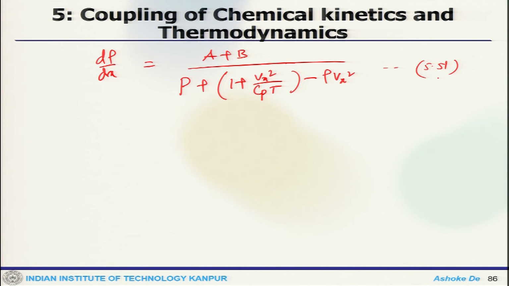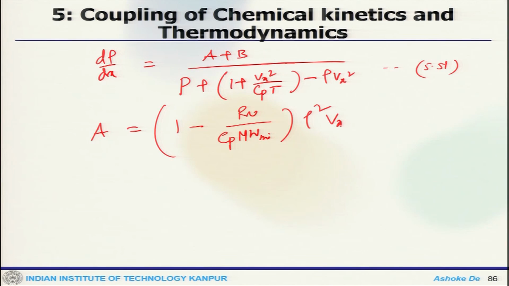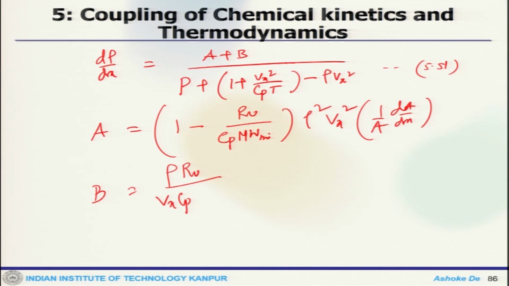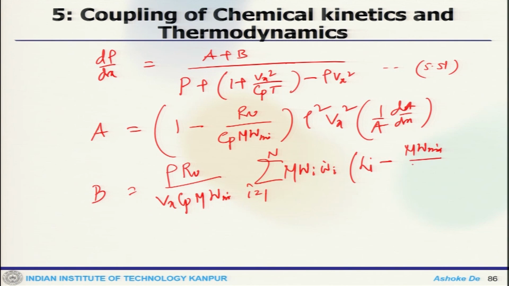So, this is what you get, where A equals 1 minus Ru over Cp molecular weight of mixture, times rho square Vx square, times 1 by A dA by dx, and B equals rho Ru Vx over Cp MW mix, times summation from 1 to n of MWi omega dot i hi minus MW mix, MWi Cp T. So, this is what you get, and we will stop here and finish the rest of the derivation in the follow up lecture. Thank you.